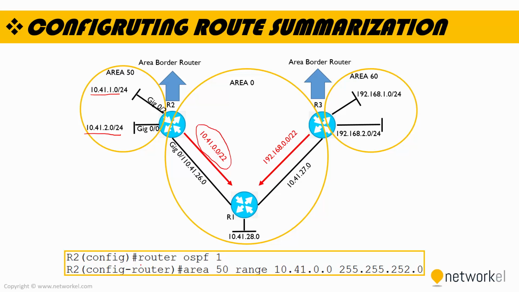To make the summarization, I get into router ospf 1, and in configuration mode I type area 50, which the routes to be summarized belong to, and I use the range command, which represents that I'm using summarization, and I use this prefix that I want the other routes to be summarized as.